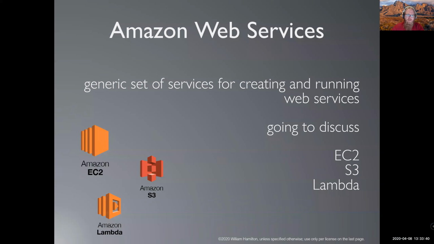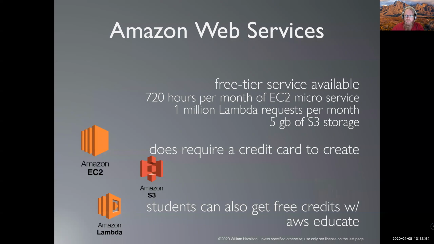You're not going to be required to use these. However, if you wanted to host your final projects or things like that, this might be a good place to look, especially since, as I'll explain, there is a free tier available for Amazon Web Services. We'll get into what some of these numbers mean for what's available as a free service.